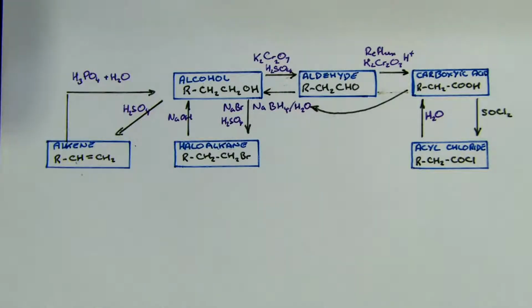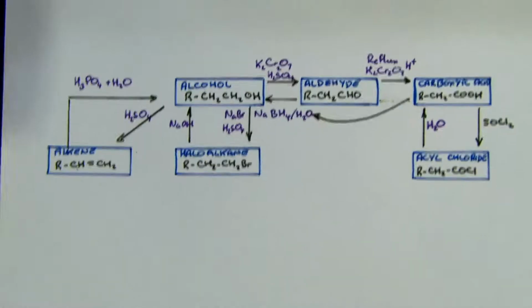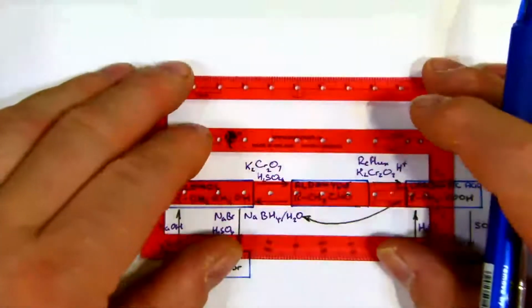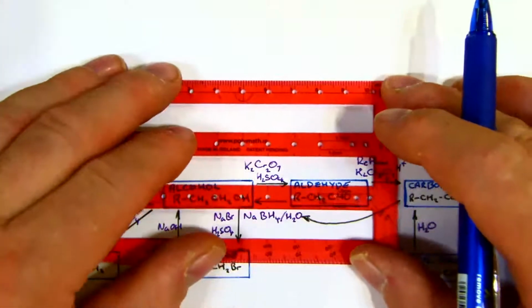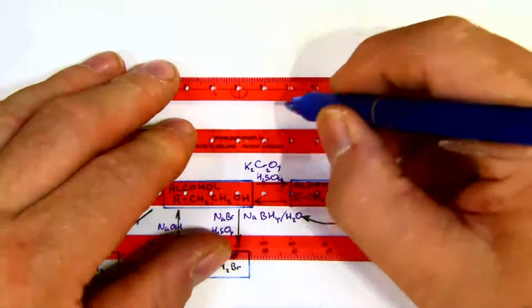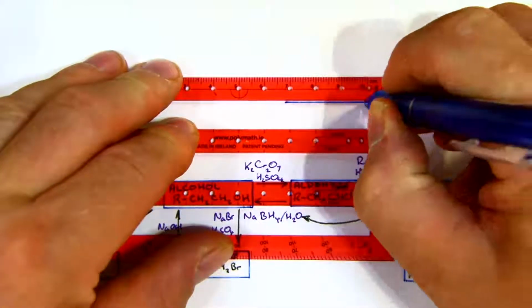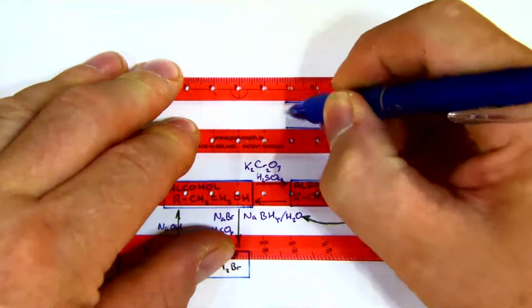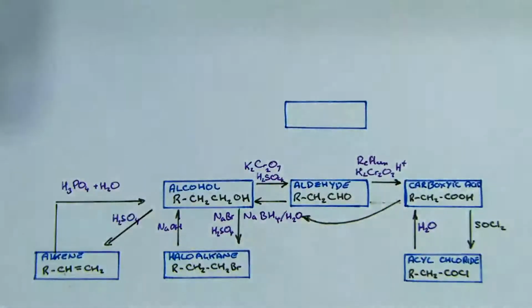Right, now let's try a couple of other things. I'm going to shove in here an ester. So with an ester, we're going to make that from an alcohol and simply a carboxylic acid.